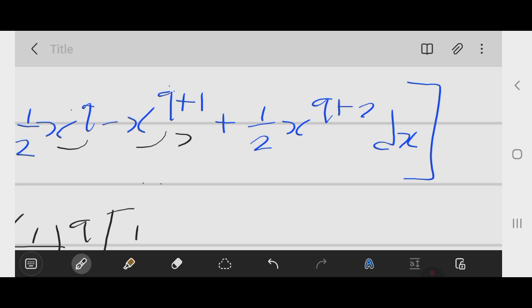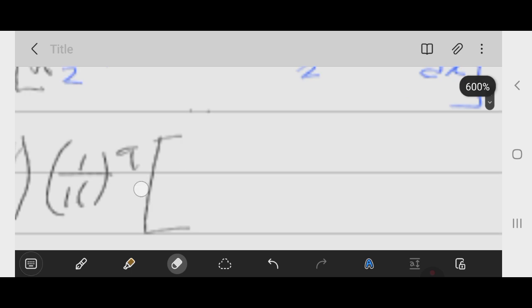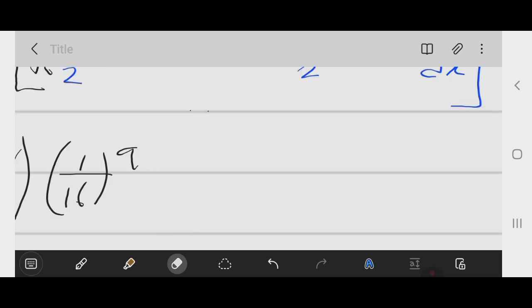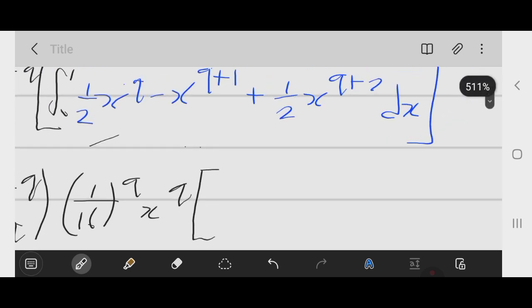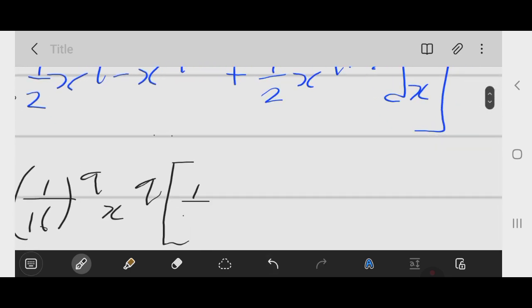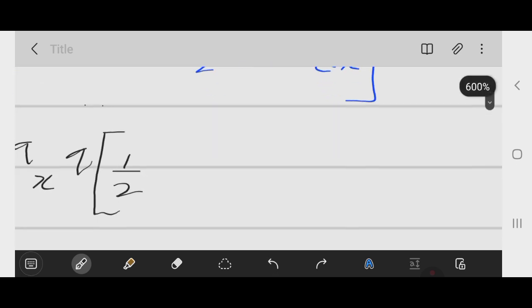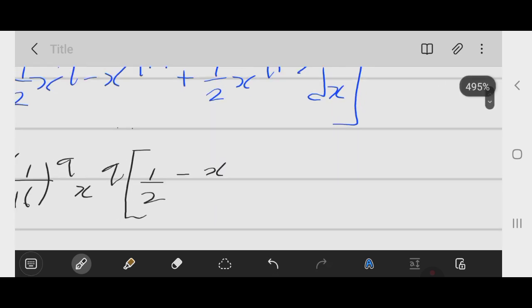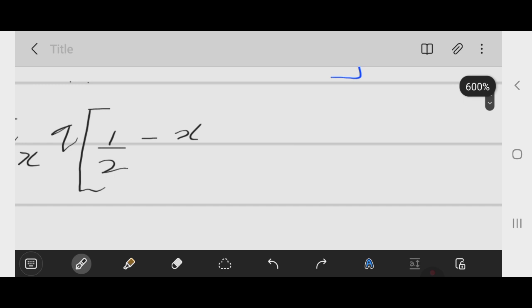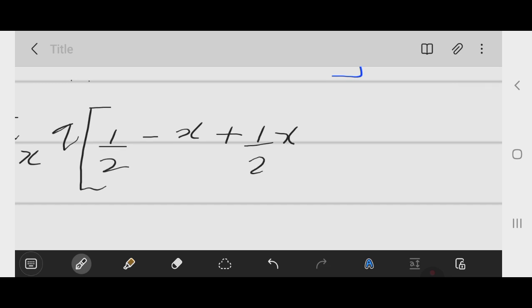Now if you watch it, there is x to the power of Q everywhere, so I can easily extract them from this top. So extracting the x to the power of Q and inserting it here, I have x to the power of Q multiplying the bracket containing 1 over 2 minus x plus half of x squared dx.